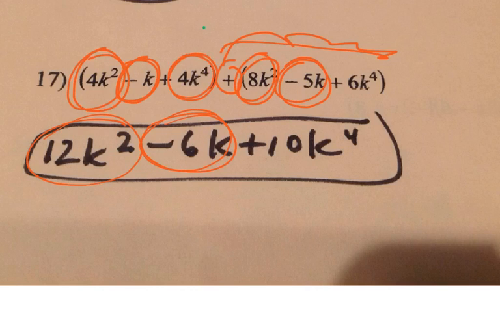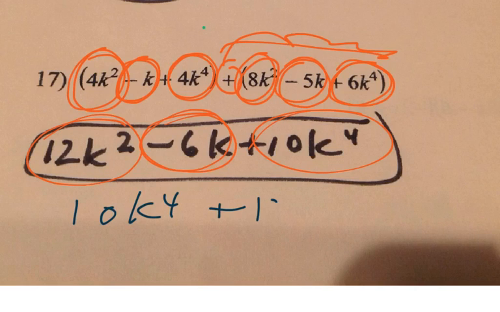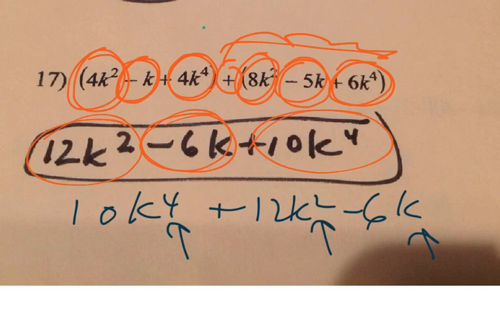I have a 4k4 there, plus 6 more k4s. That's a 10k4. I could rearrange it as 10k4 plus 12k squared minus 6k. See how I kept the powers in order? But you don't have to. The key thing I'm focusing on, guys, is the accuracy of your calculations. Alright? So pause the video if you need to.